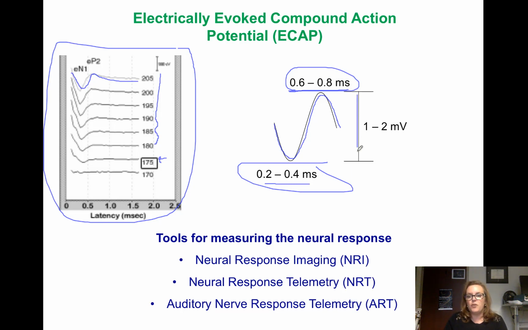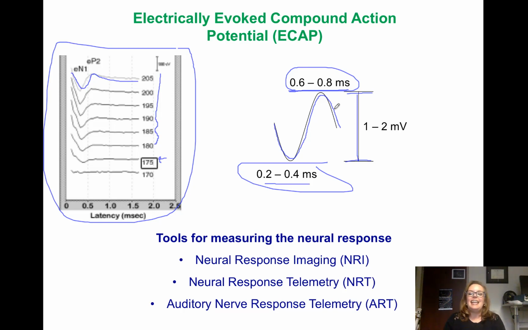The other thing that's important to know is that the response amplitude can be quite large, up to 2 millivolts. In contrast, wave 1 on an acoustic ABR is typically 0.3 to 0.5 microvolts at most.